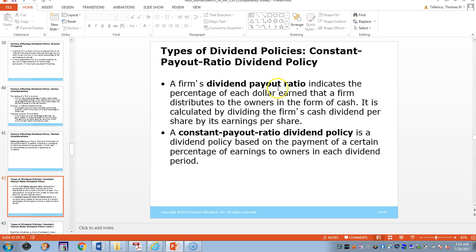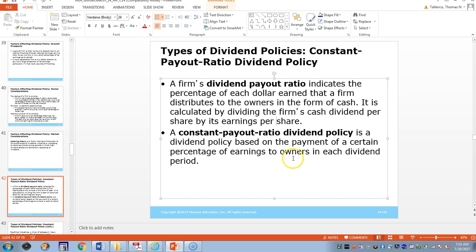The dividend payout ratio indicates the percentage of each dollar earned that a firm distributes to the owners in the form of cash. It is calculated by dividing the firm's cash dividend per share by its earnings per share. So it's basically the dividend divided by the earnings, and it gives you this ratio. And again, I believe Chapter 3 has all the ratios, and this will probably be in there.